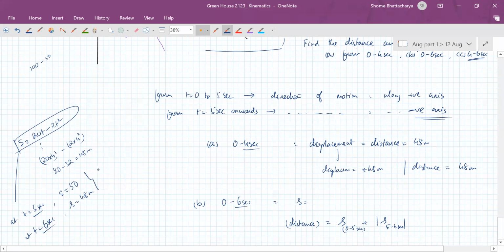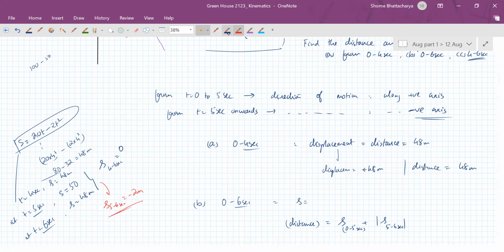So this shows you that the displacement from 5 to 6 seconds is actually minus 2 meters.